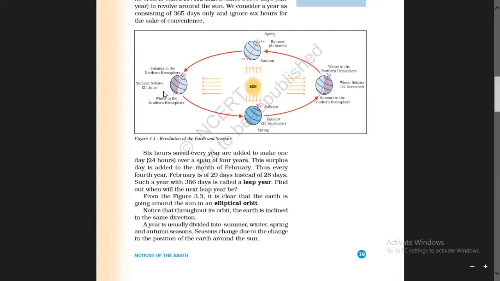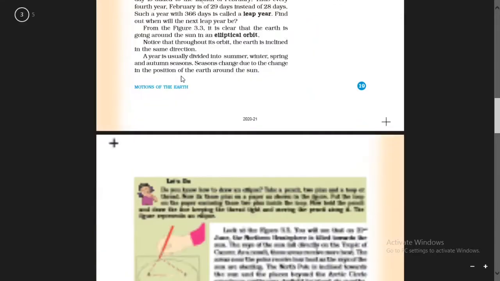You can observe it towards the left side of this diagram. Summer in the northern hemisphere, summer solstice, 21st June. Yes. Then again back to the chapter.